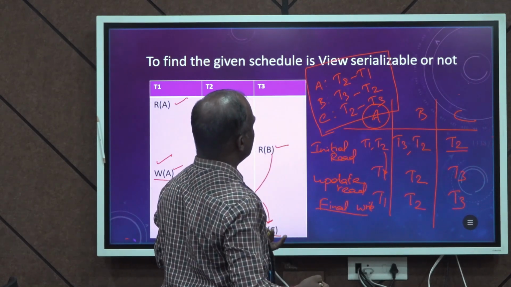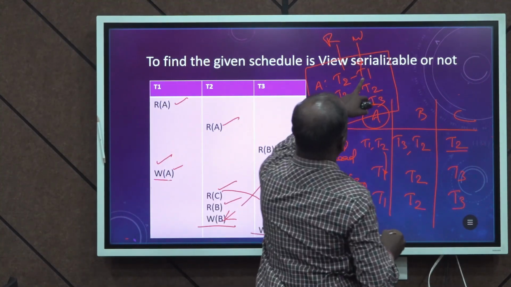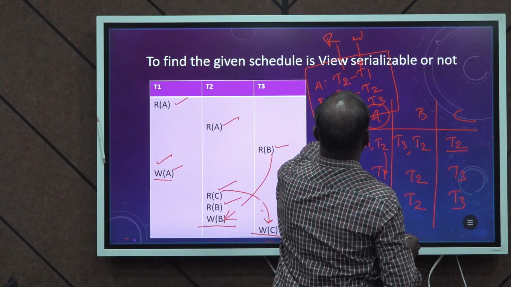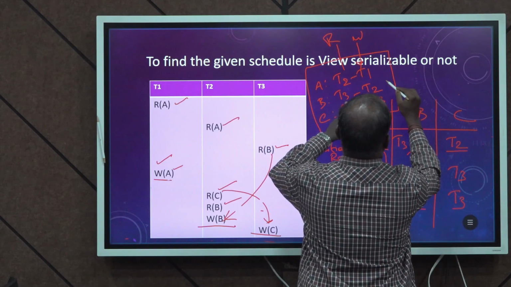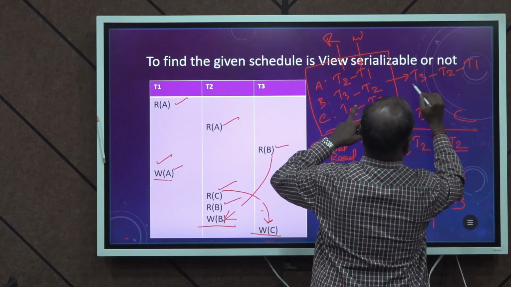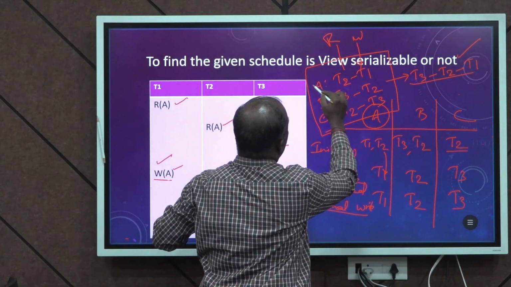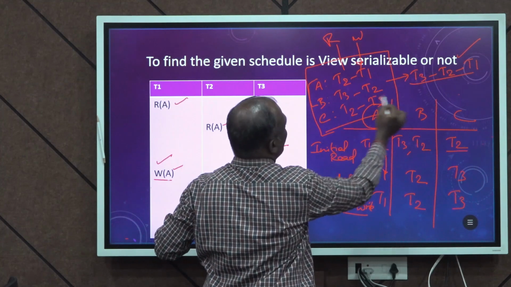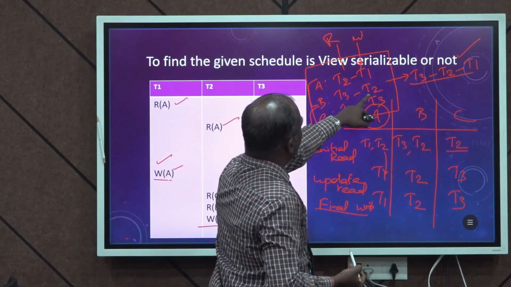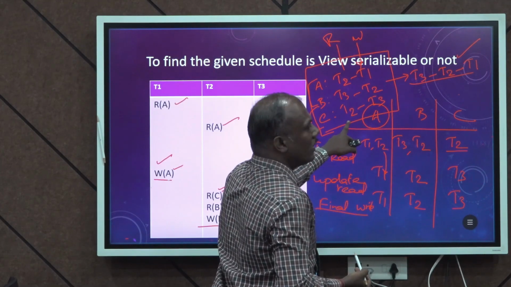Now we see this is the write operation and this is the read operation. T1 writes before T2 has read, T1 writes before T3 has read. So how do you make this statement? T3 to T2 and T2 to T1. This statement is true, and at the same time we combine A and B, and combine B and C. T2 writes before T3 reads, and T2 writes before T2 has read here.